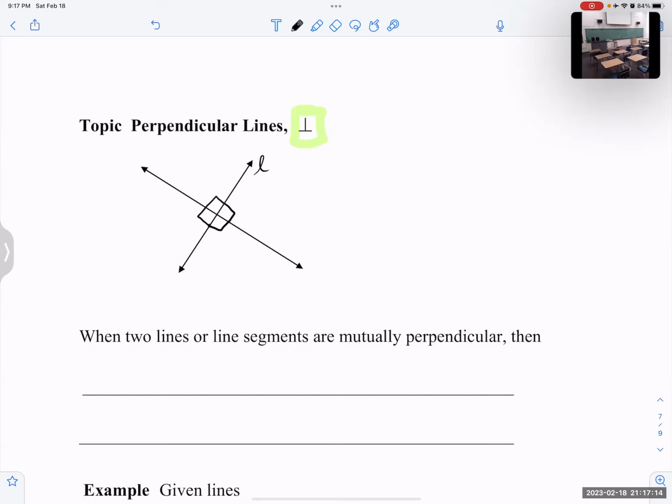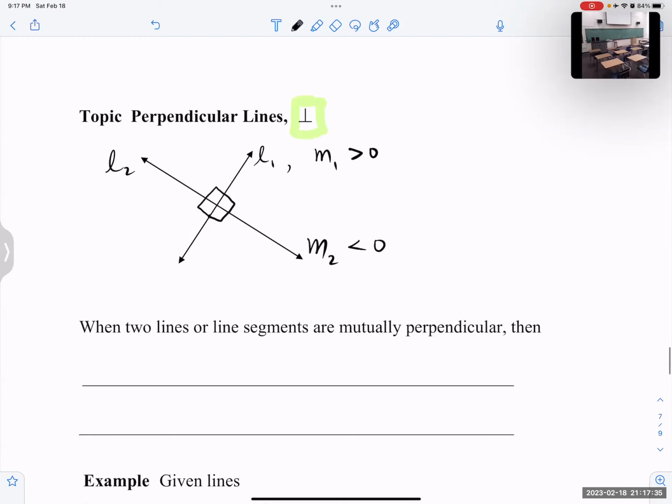One line has a positive slope, so line 1, m1 is positive, and the other line, line 2, has a negative slope, so m sub 2 is less than 0. When two lines or line segments are perpendicular, we can write the following statement.